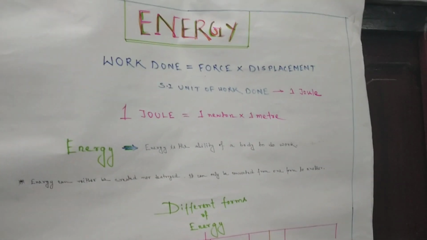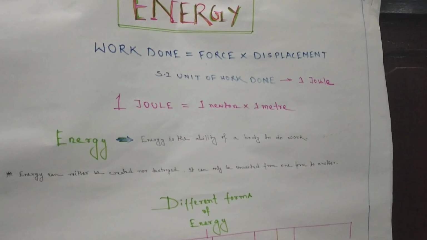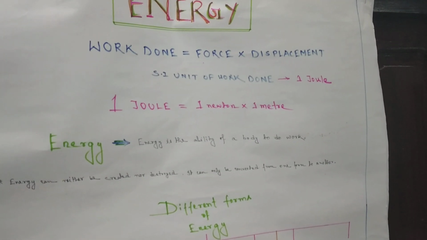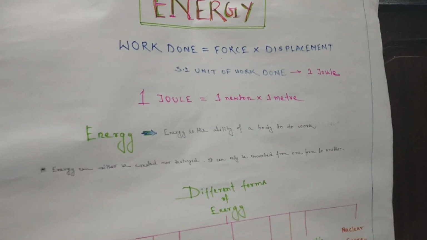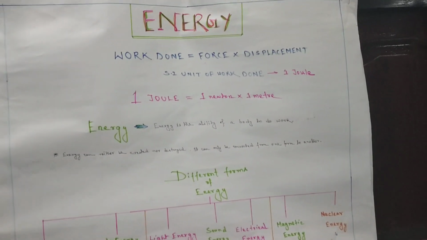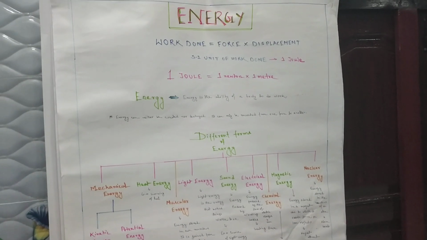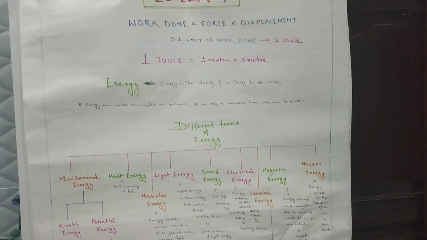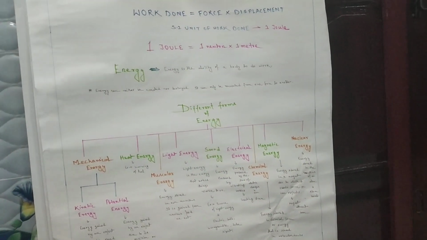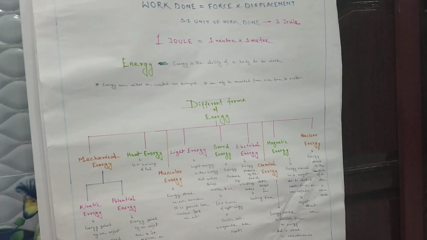That means the unit of energy and the unit of work is same. Energy is the reason and work is the result. That means if we have to do some work, we need energy to do that work. We cannot measure directly any energy, so we measure energy by the work done by it.